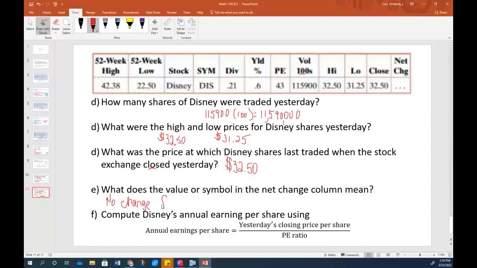And that no change is from the previous day's close. So it went up and down a little bit during the day between 32.50 and 31.25, but overall it closed at the same amount that it had before.